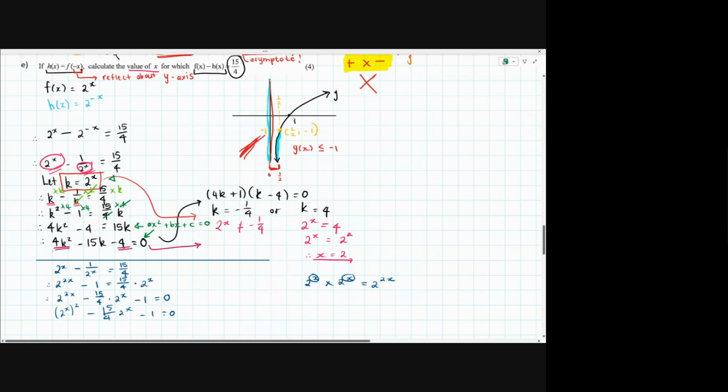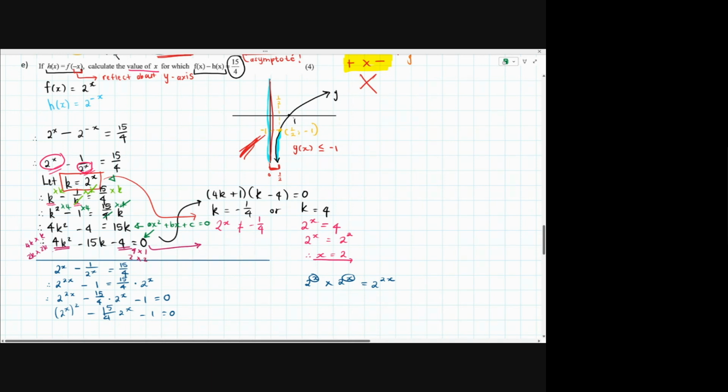Now, the more you practice this, the more you're going to start to be able to see what those factors should be. Because right now you've got factors of 4k times k for your first term, as well as 2k times 2k. Those are both factor pairs for your first term. And it would be the same for the 4. It would be 4 times 1 as a pair and 2 times 2 for a pair. So there's some options here.